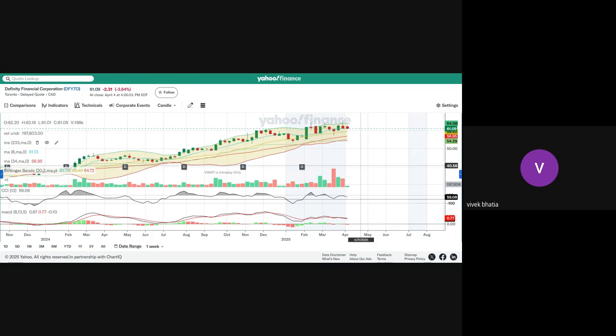One of the few charts which has not really corrected much, if you ask me. Sir, also because it's on the TSX, so typically it moves lower. Oh, it's on the TSX. Oh, yes.